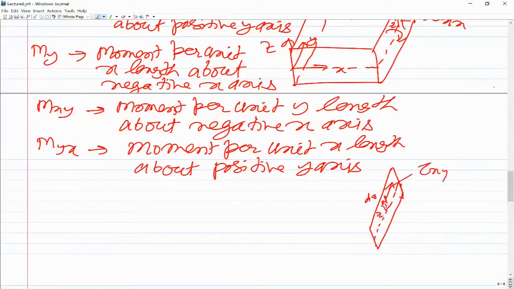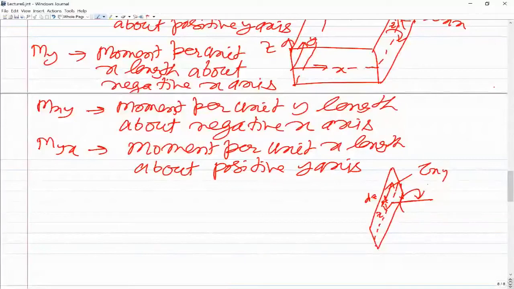When you multiply this force, it will produce a moment like this about this axis. That is why I am saying this is moment per unit y length, because this is on the y face having normal along the x direction, so the length is varying along y. But this moment is going to be about the negative x-axis.